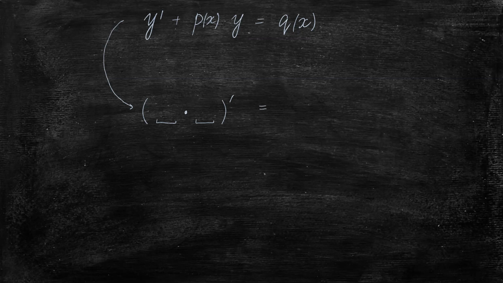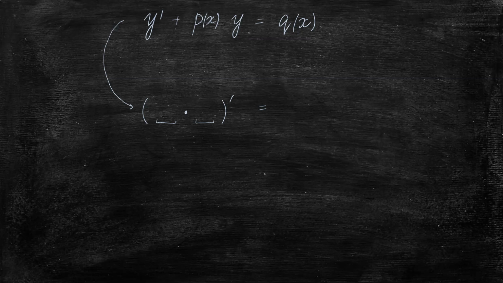And on the right side, we're going to have, well, whatever we end up having. So this is kind of the pattern that we explored previously. And now the question is, can we always do this? And the answer is yes.